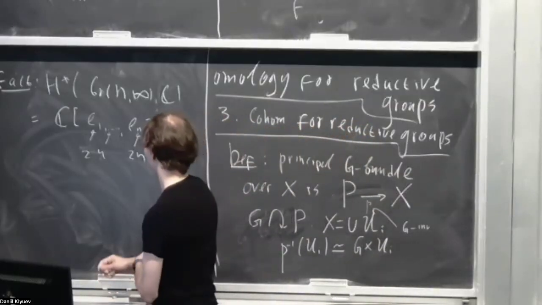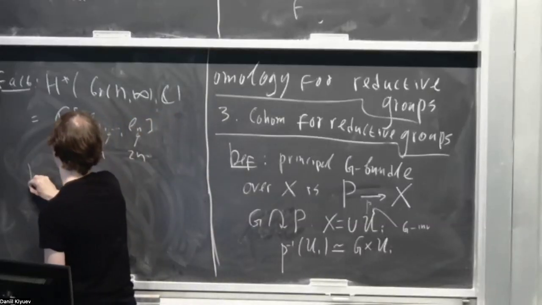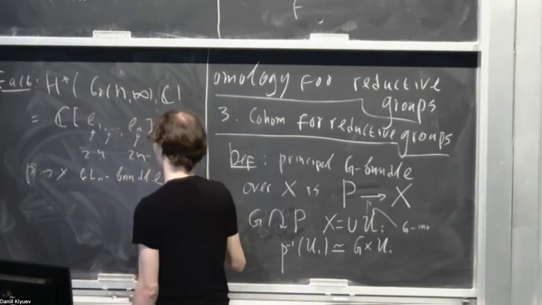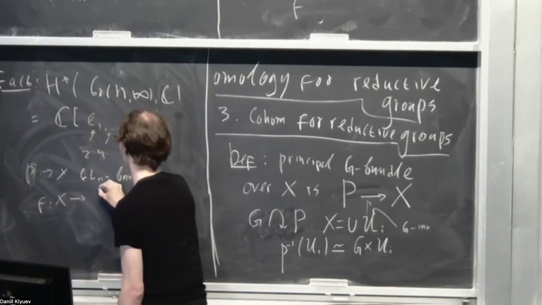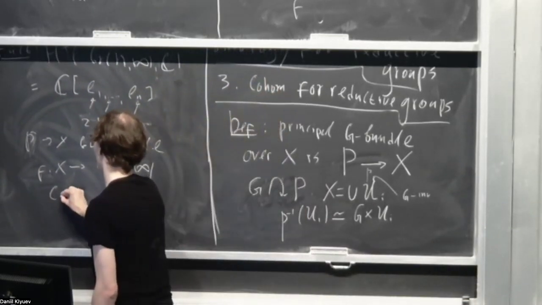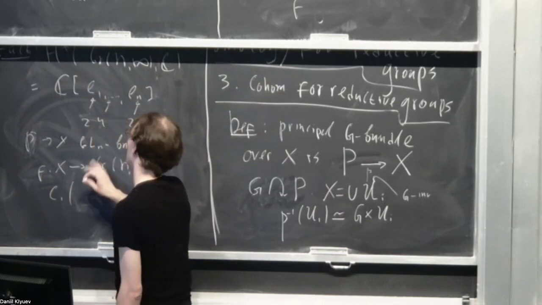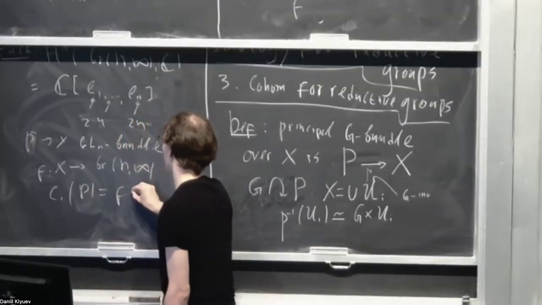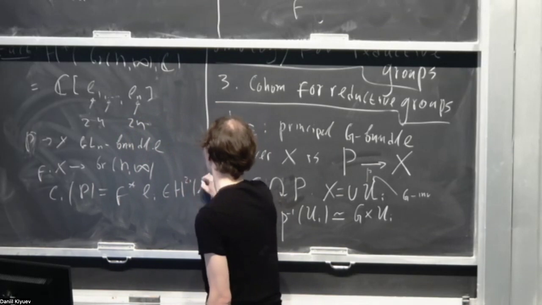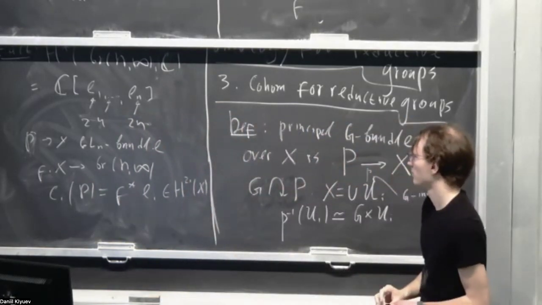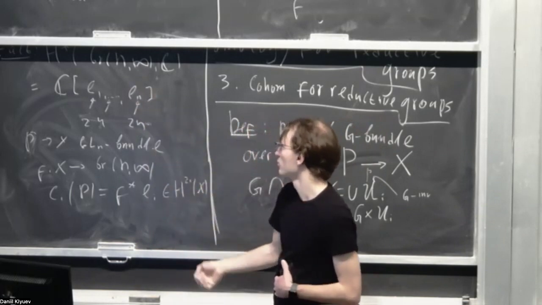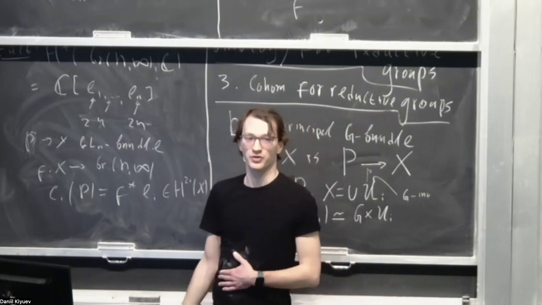And so if we have P over X, a GL_n bundle, we find the map F from X to the Grassmannian of n-planes in C infinity, unique up to homotopy, and we say that the ith Chern class of P is the pullback of e_i, which belongs to the 2ith cohomology of X. So e_i itself belongs to the 2ith cohomology of the Grassmannian, and we pull it back to the cohomology of X, and this is one of the possible definitions of Chern classes.